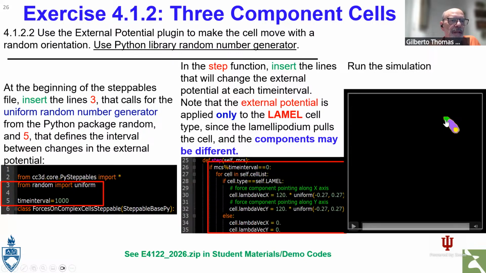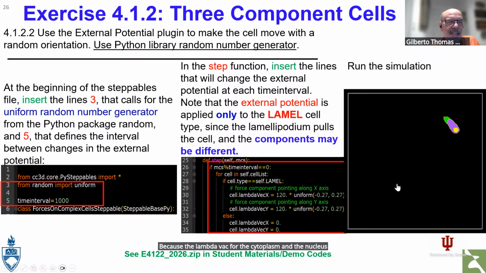So the green part is the real engine of the cell, because the lambda vec for the cytoplasm and the nucleus are 0. They are moving because the green is pulling them forward.